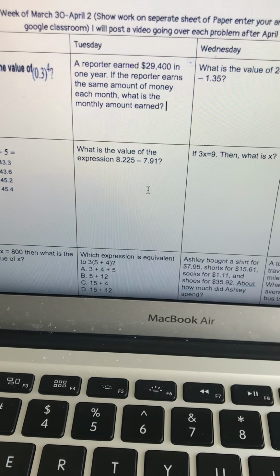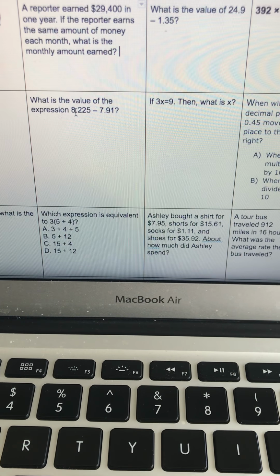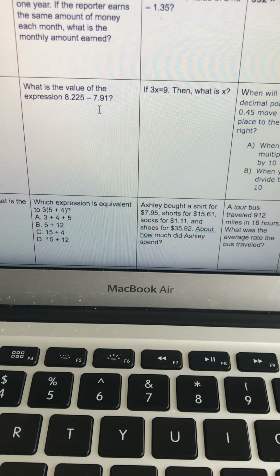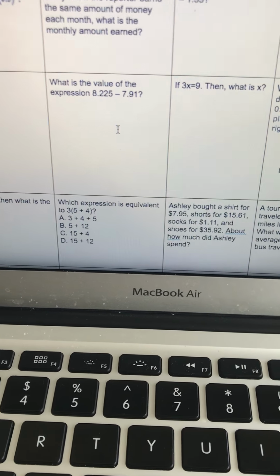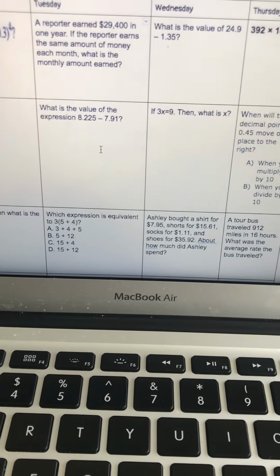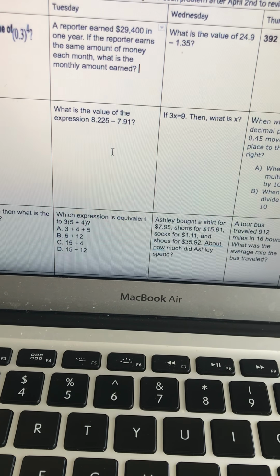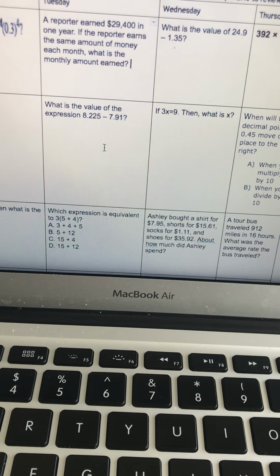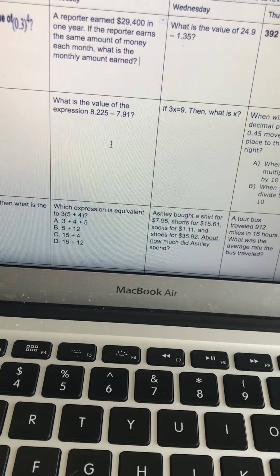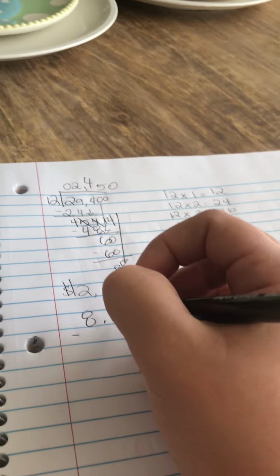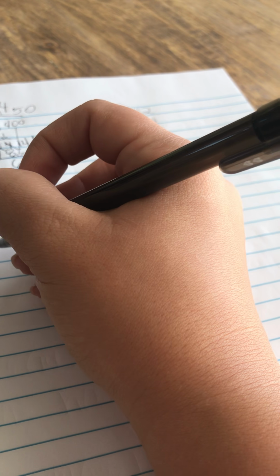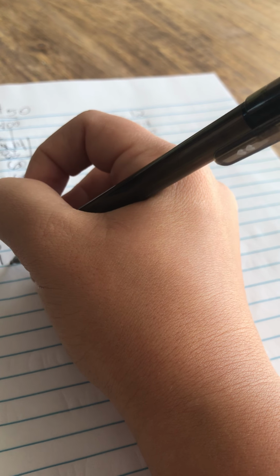All right, number 2, what is the value of the expression 8.225 minus 7.91? So we need to just solve that. That's what it's asking you to do. So if we have 8.225 minus, remember when we are adding or subtracting decimals, we must stack them up, okay? 7.91.